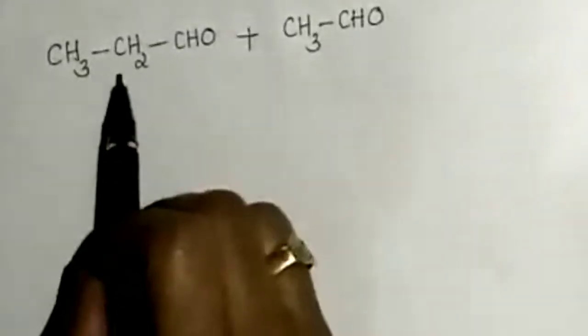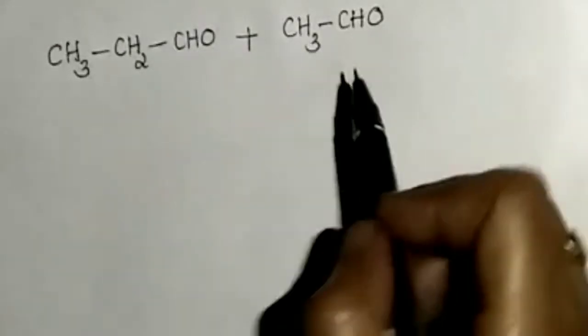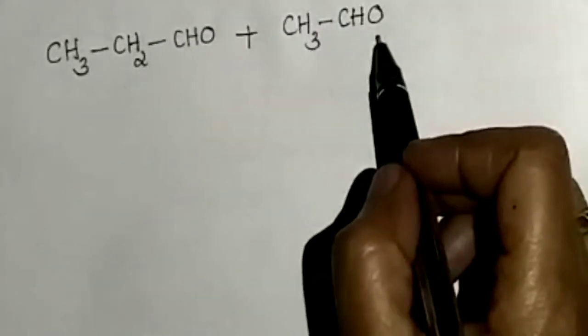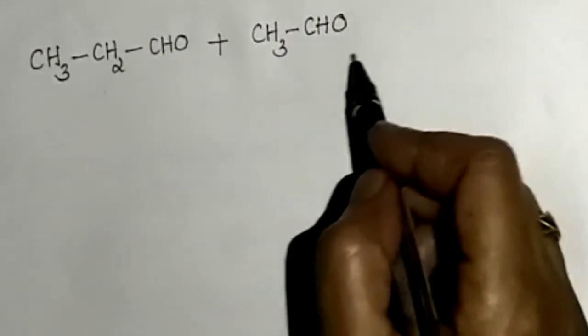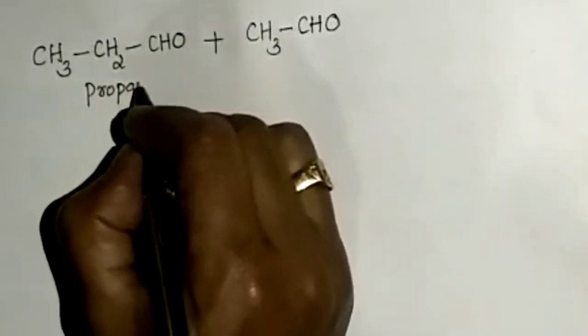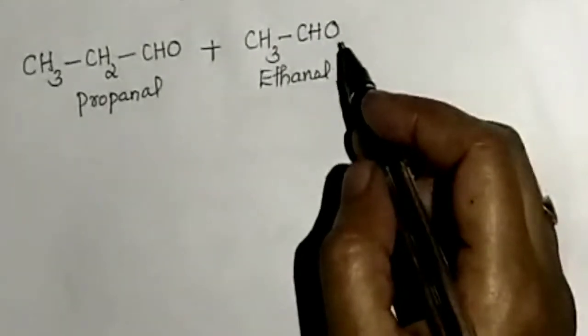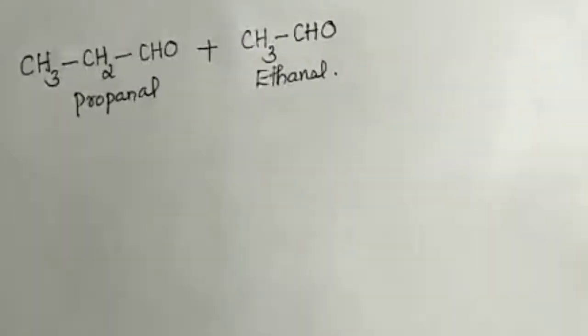Here, listen: three carbon atoms with aldehyde, it is propanal. This is two carbon atoms with aldehyde, ethanal. Then here we get 4 different products.